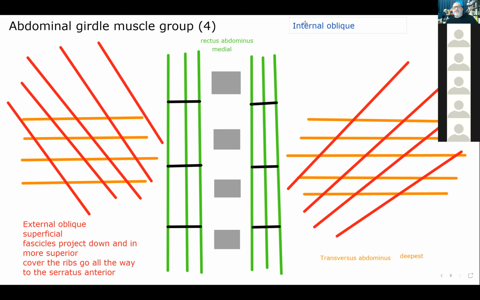And that brings us to our internal oblique. As the name indicates, these are going to be deep. Guess which way their fascicles project? Well, which way did our internal intercostals project?